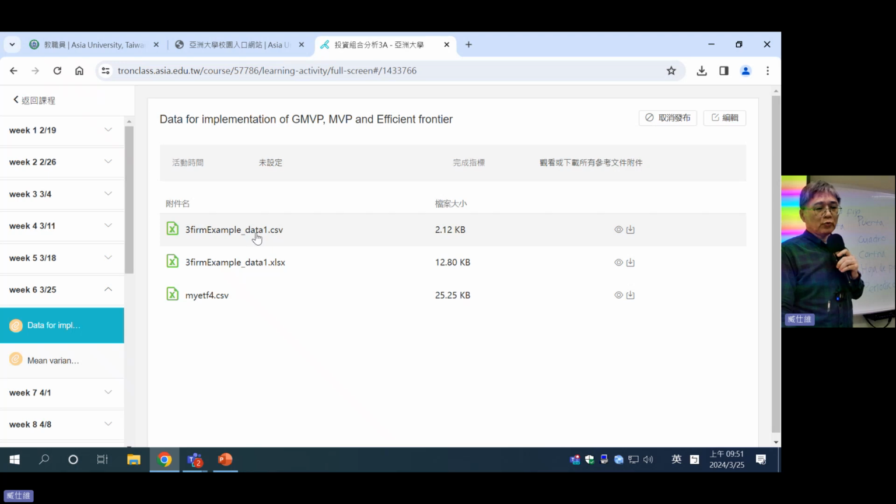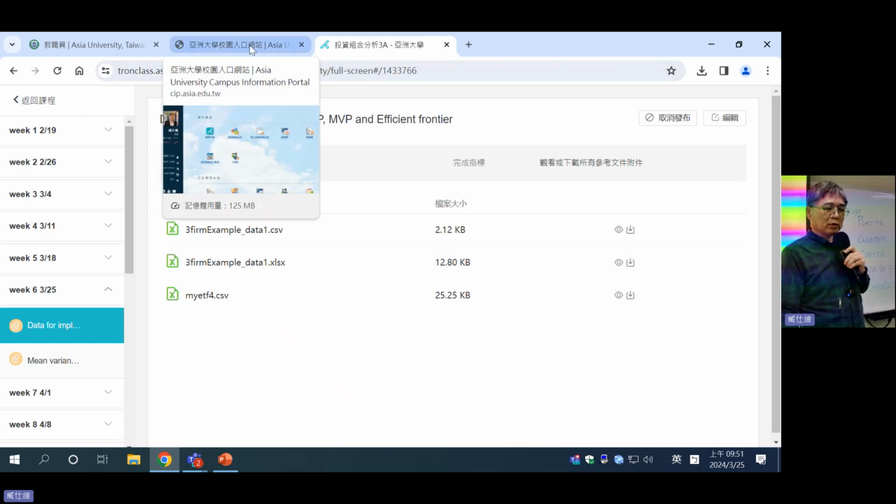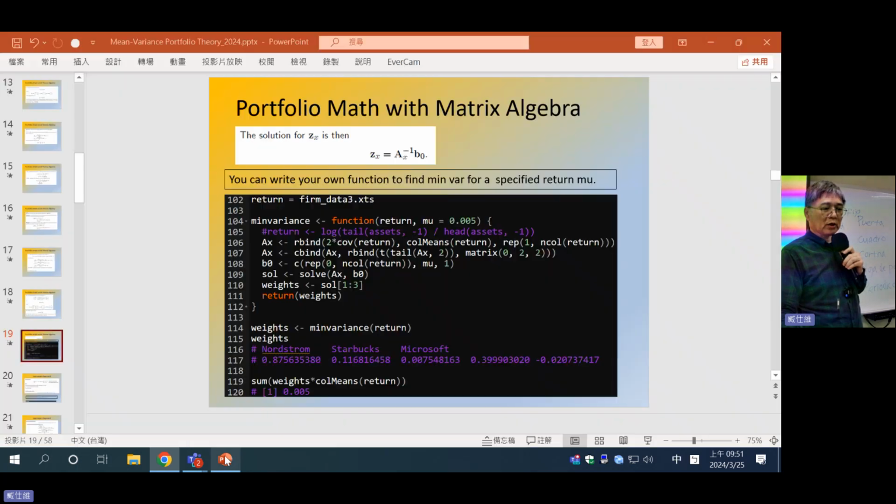We have two types of data. One is .csv, another one is an Excel file. You can download either one of these and try to import the data into your R, and then you can do the calculation. What I mean is that I'm using the same data as the data on Tron class.